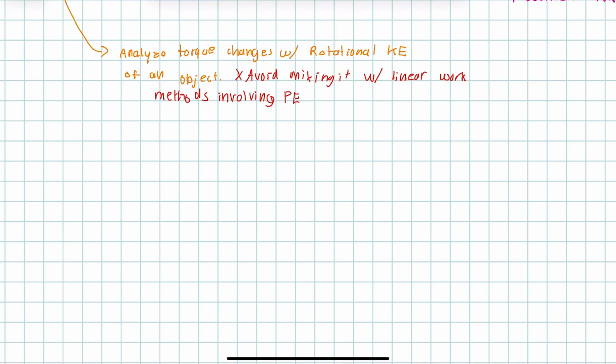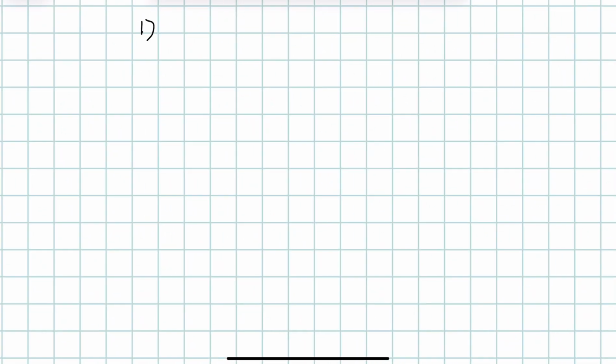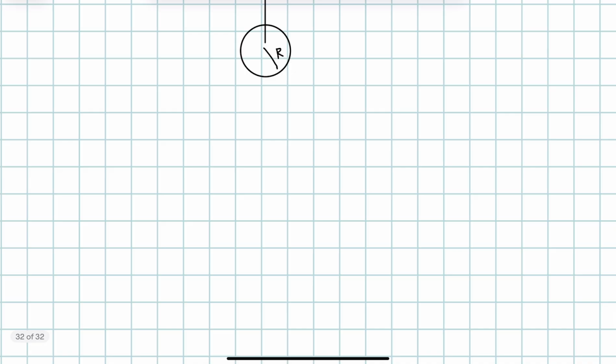So let's look at an example of this. Say we have a wall and then a pulley system like this, at a radius r, and we have a downward force pulling like this.